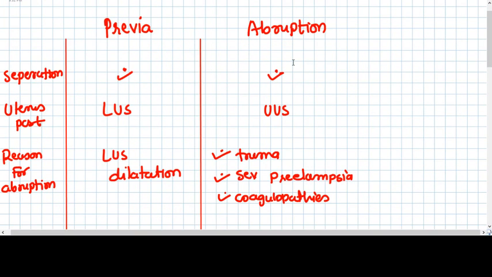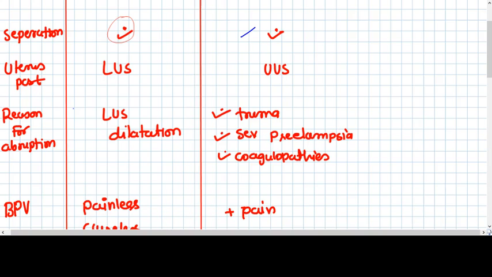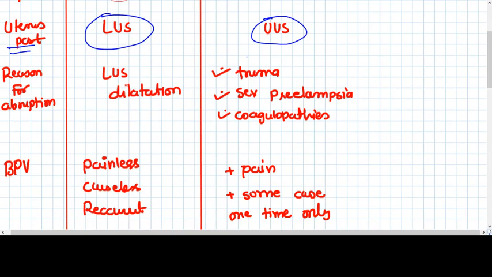See, in placenta previa or abruptio placenta, in both the conditions placental separation happens. You know that thing? Fine. The place where the placenta is attached in placenta previa is the lower uterine segment, and in abruptio placenta it is the upper uterine segment.